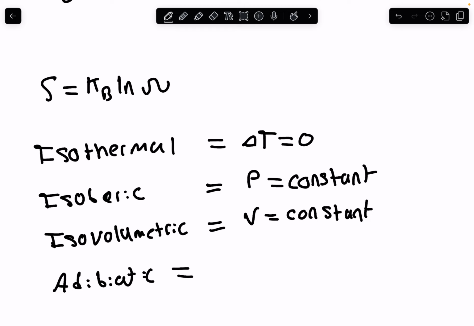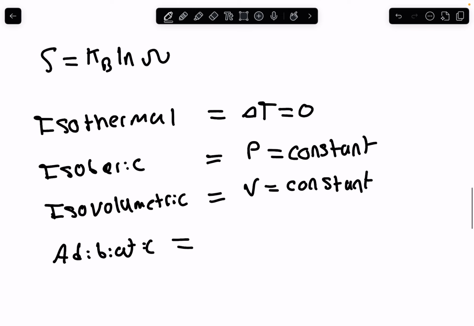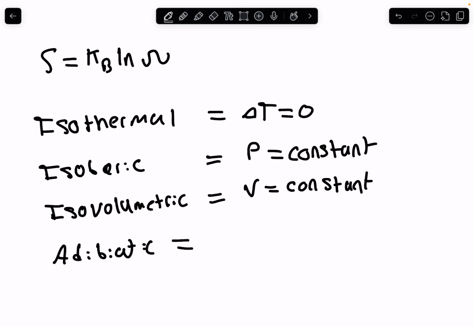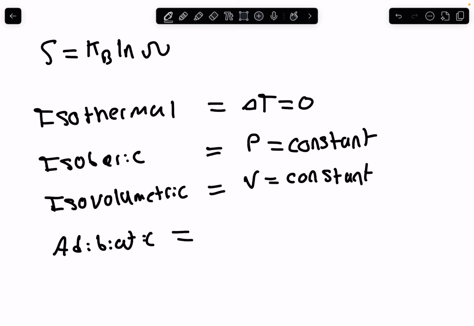But for isovolumetric, no work will be done. So, what controls heat energy? Since isobaric doesn't necessarily mean that Q equals zero, but isothermal means that delta U equals zero, and isovolumetric means W equals zero, what process implies that Q equals zero?